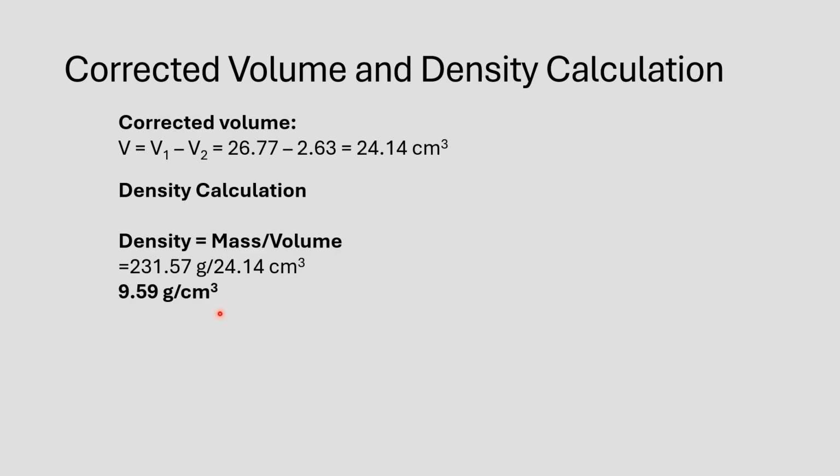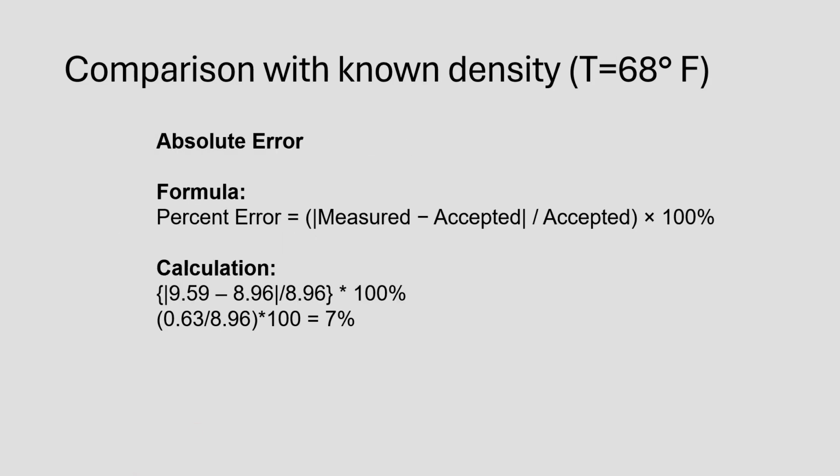Every time we do a measurement, we have to compare it against the reality of the accepted value. We know the density of copper turns out to be 8.96 grams per cubic centimeter. So we calculate the percent error: measured minus accepted, divided by accepted, times 100%.